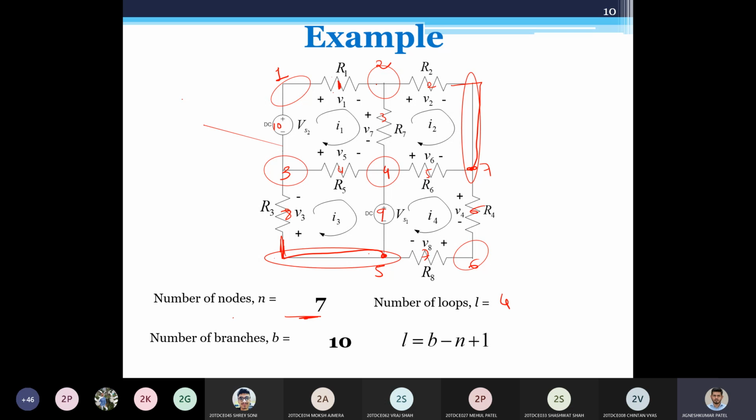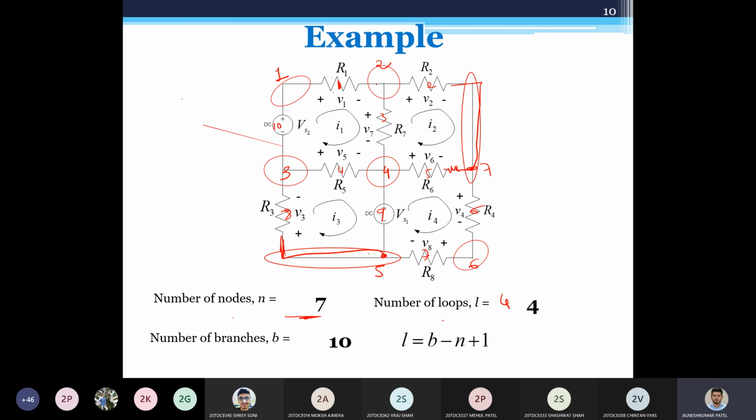Here I have not numbered the resistors. Simply, do not number the resistors, because if there is one more element like this, in that case it would again be the same single branch, but there would be 2 different resistors. So I do not number the resistors. Keep that in mind. And from this I can easily calculate the number of loops.